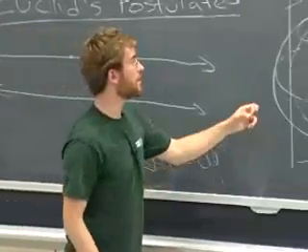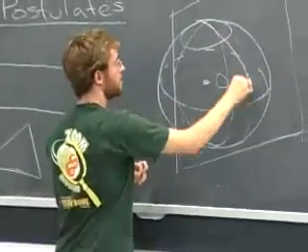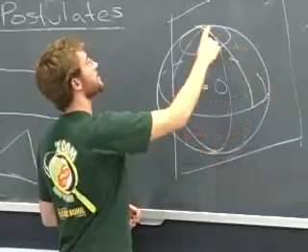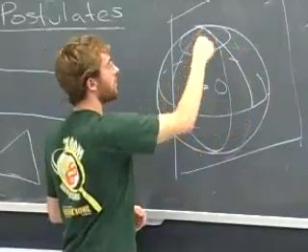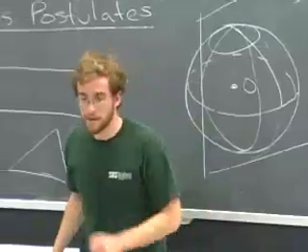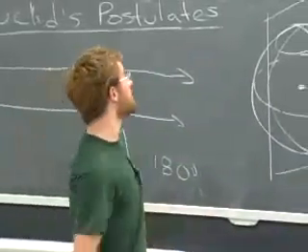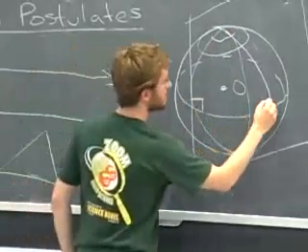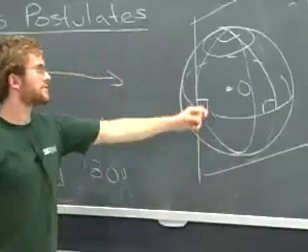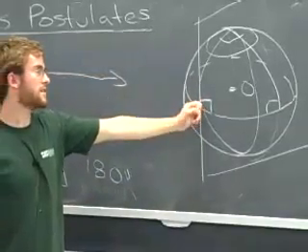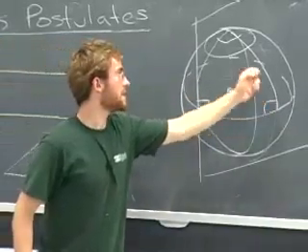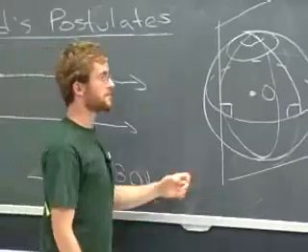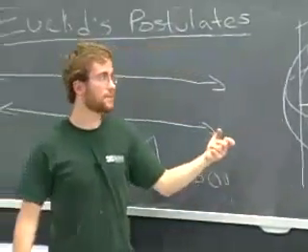But on a sphere, if you draw a triangle, let's say we go from somewhere on the equator, we travel up to the North Pole, and then we pivot 90 degrees and head back down to the equator. So we've got a right angle here and a right angle here, but we also have a right angle here. So for a spherical triangle, we can actually get 90 plus 90 plus 90, 270 degrees. So obviously this doesn't hold in spherical geometry.